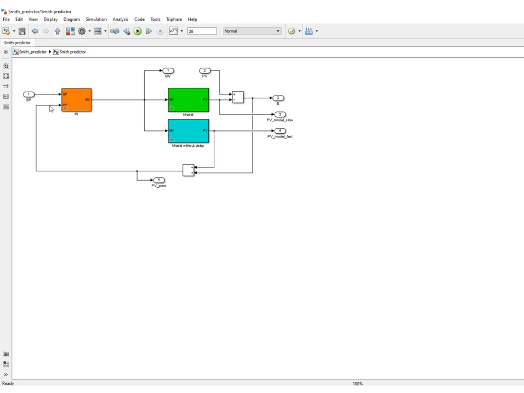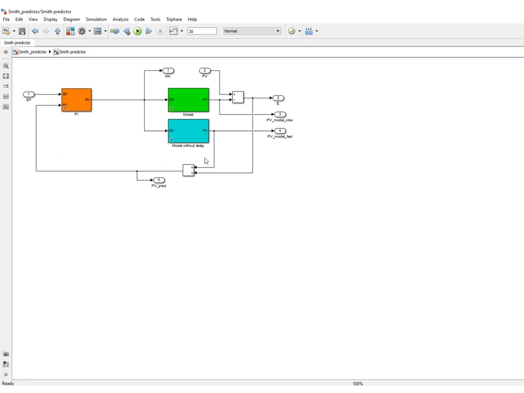Here you recognize the PI controller that will generate the MV, and this MV is sent to the process, and what is collected back is the process. So here in between you have to imagine the process. As is usual with a Smith predictor, what is done is that the model without delay is used for feedback, right?